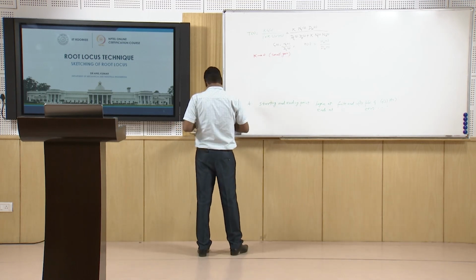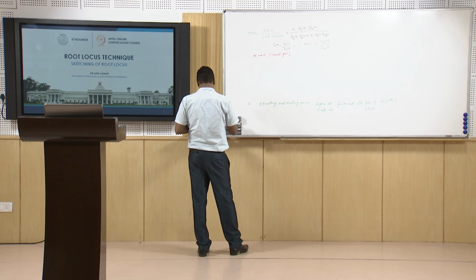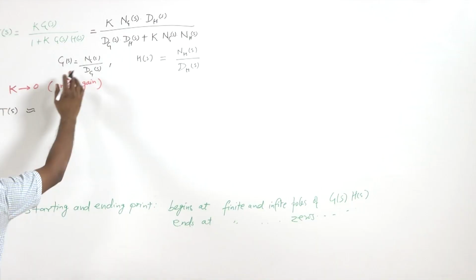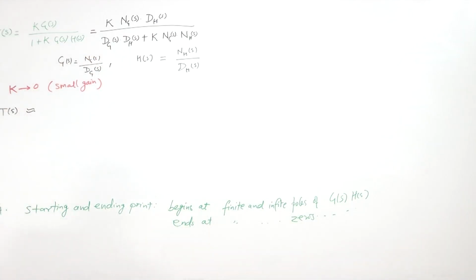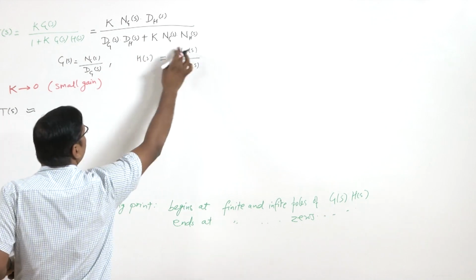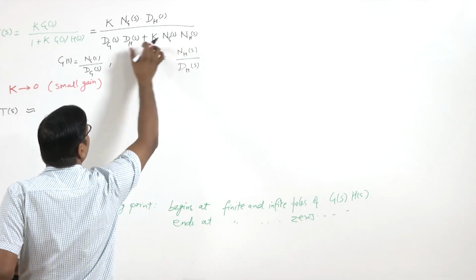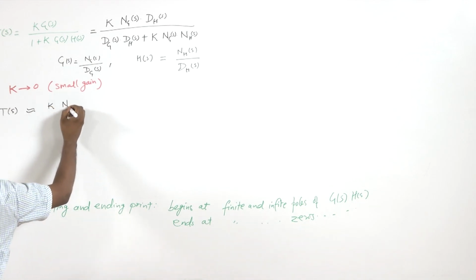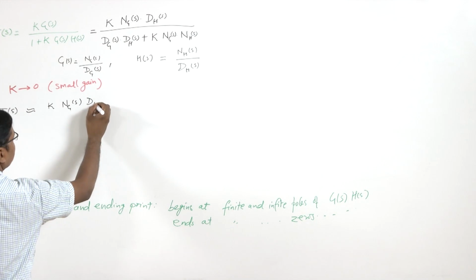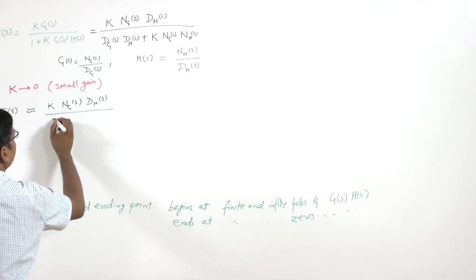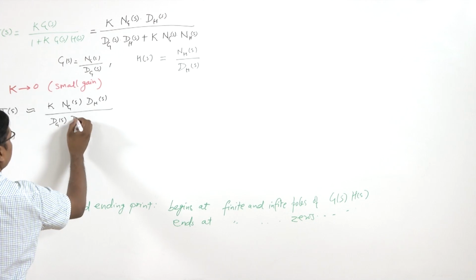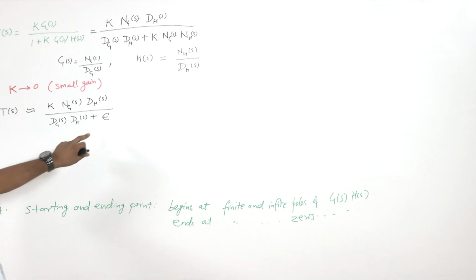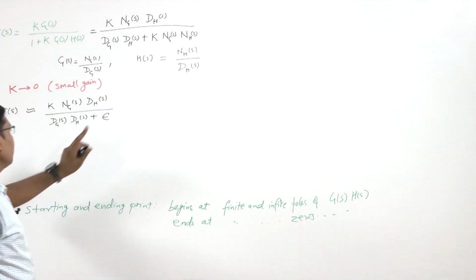So for small gain we can approximate T(s). At a small K gain, this quantity will be negligible compared to this. So we can write K N_G(s) D_H(s) by D_G(s) D_H(s) plus epsilon. So epsilon is some small quantity, because K is small.